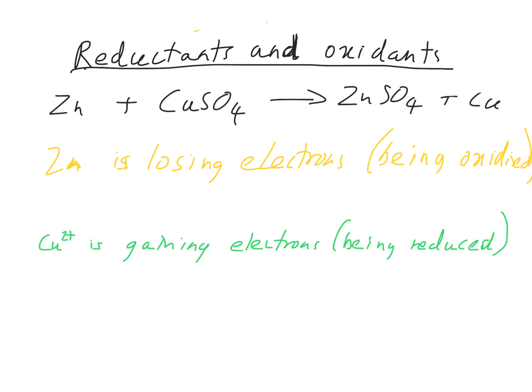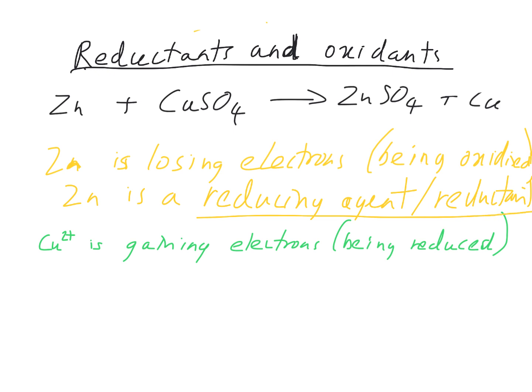So in a way, zinc could be considered to be a reducing agent, or also known as a reductant. By getting oxidized itself, it enables something else to be reduced. So zinc is a reducing agent because it is being oxidized.